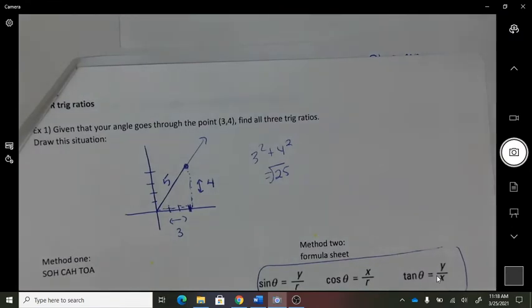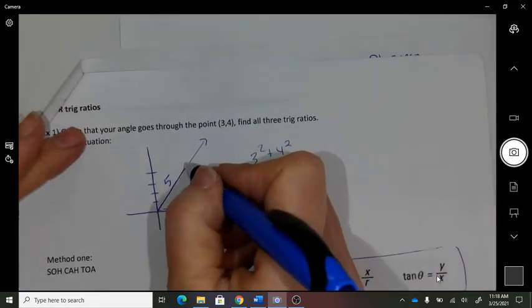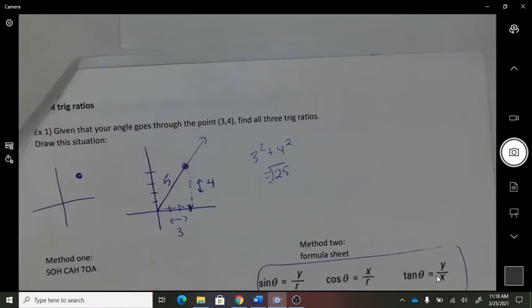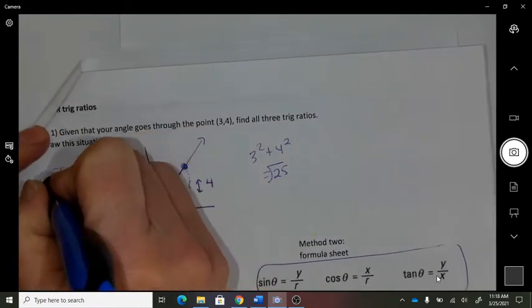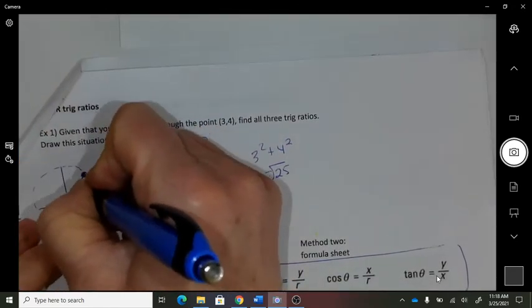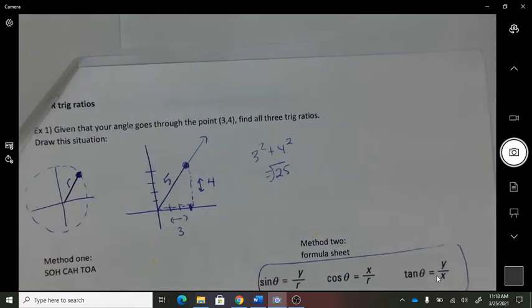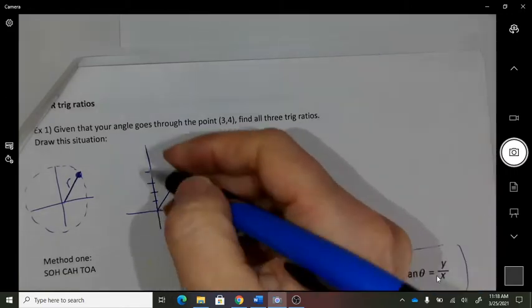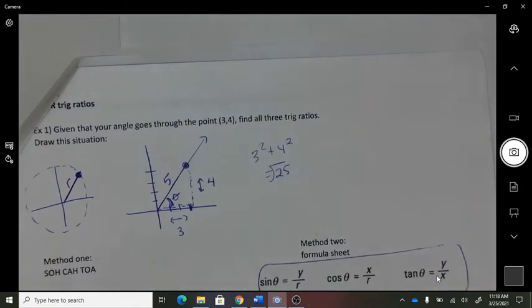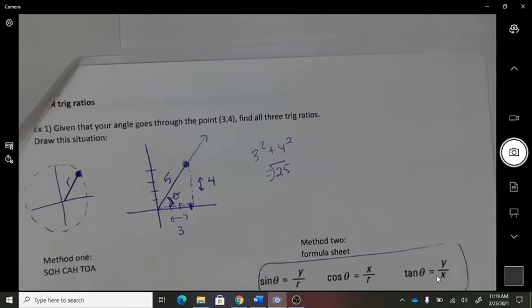This 5 in this triangle is the hypotenuse, but really we're treating it like a point on a circle, and this is the radius of the circle. Do you also notice how I drew my triangle as the angle connected to the closest x-axis, like a reference?